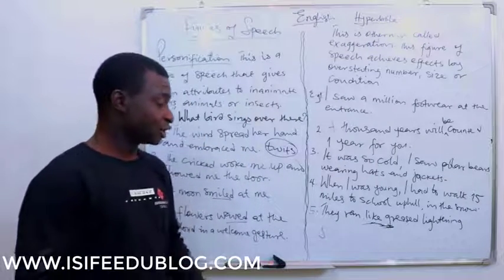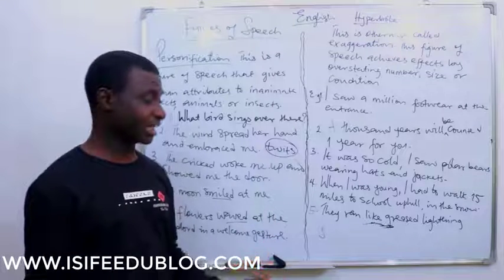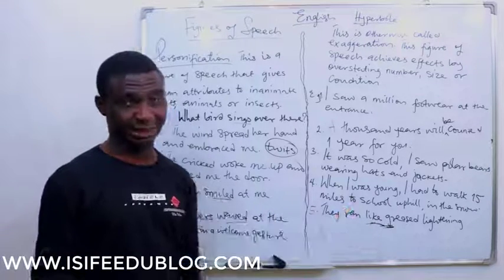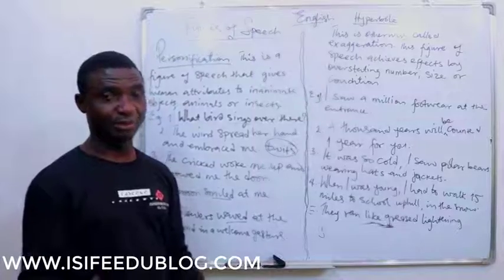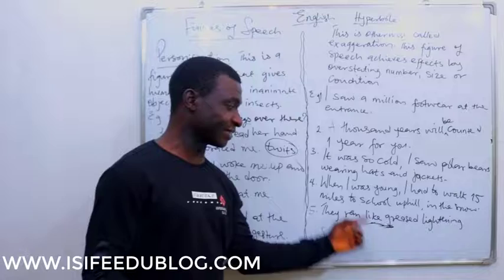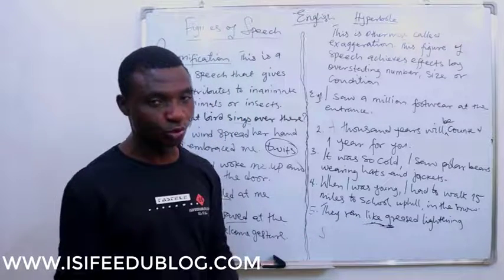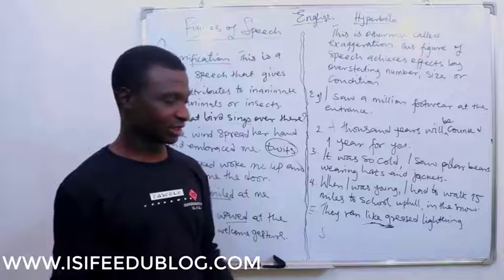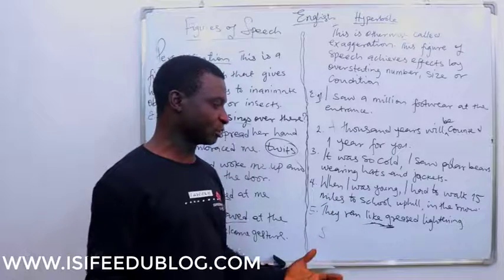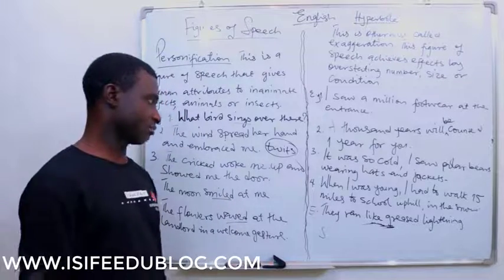If you have simile and hyperbole, I don't advise examiners to do that because you can't fault a child who picks simile as the answer. So examiners should do well when they have figures of speech like this. If they have one, the other shouldn't appear. But where the two appear, let your judgment be that this is more of a hyperbole than a simile.